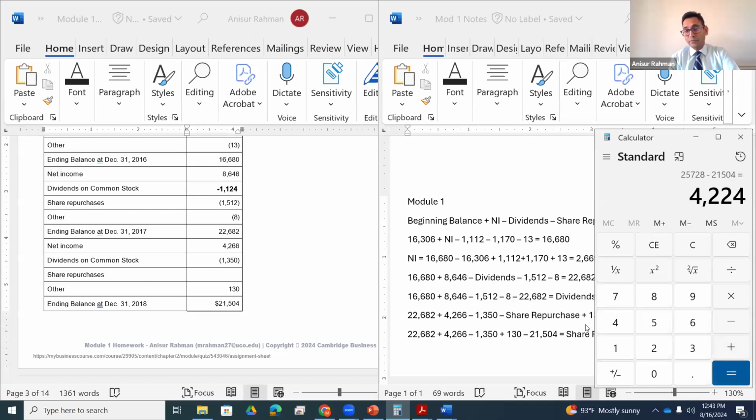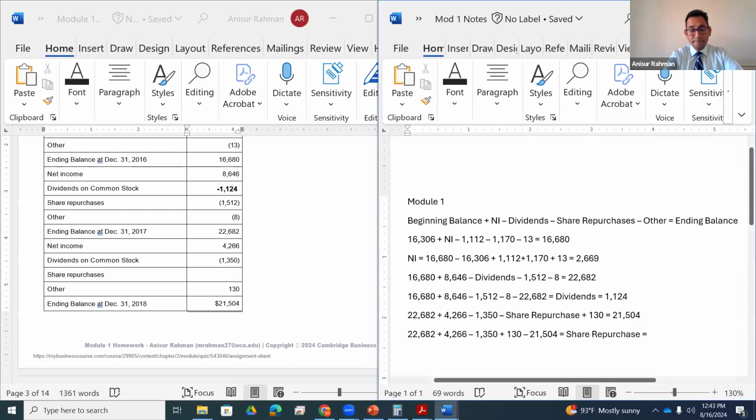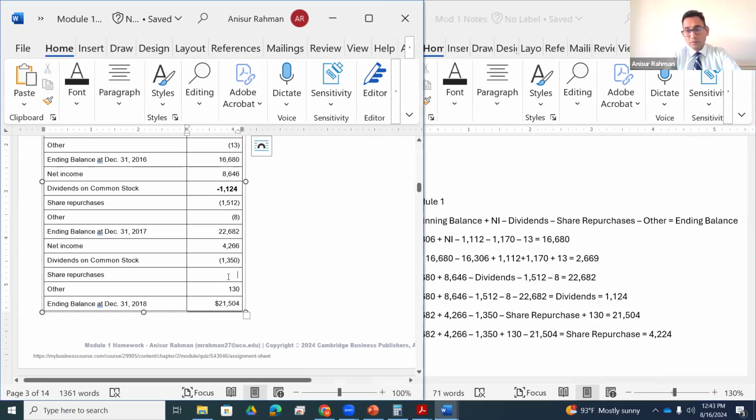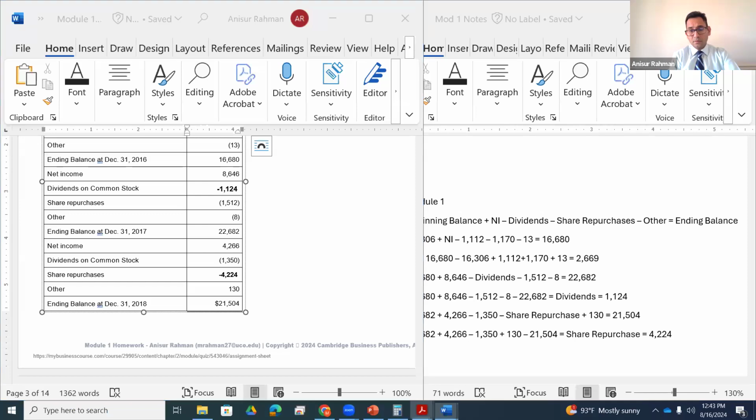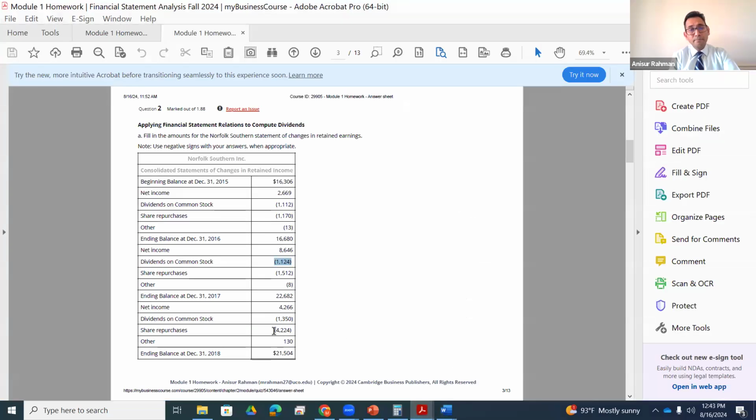So 4,224. Now share repurchase is 4,224. Also a negative number.